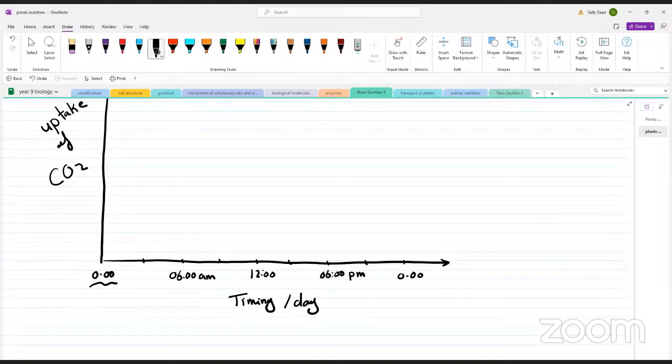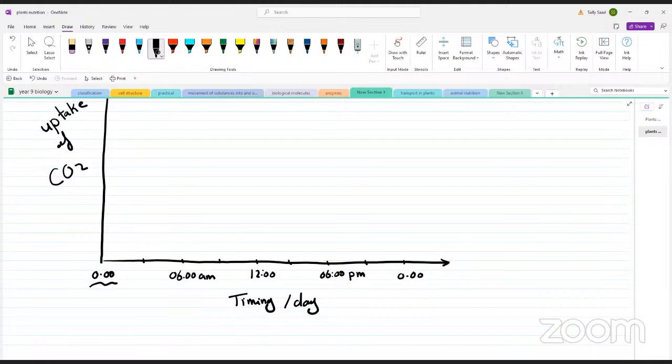The plant is releasing carbon dioxide because respiration is taking place all the time. The plant cells have to respire 24/7, and if the cell does not respire, it will die. Respiration is one of the characteristics of living things. The cells have to continuously respire. You got my point? Okay.